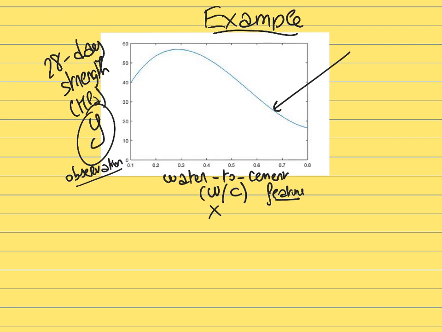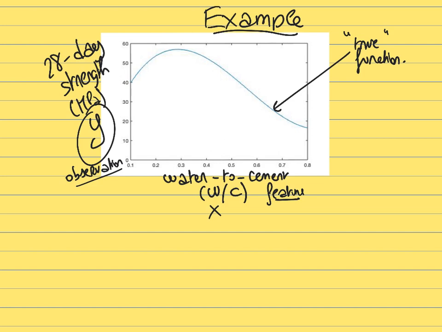When you mix water with cement, this is a chemistry problem, and if you know exactly how much water and how much cement you put, then you should be able to know exactly what the strength of concrete will be. There is nothing random in that. You should get exactly a true function. So this blue line here is the true function, if you were able to know perfectly what the water, the cement, etc. are.